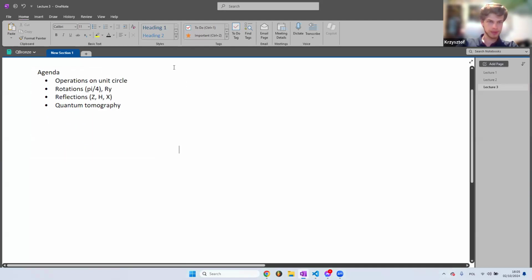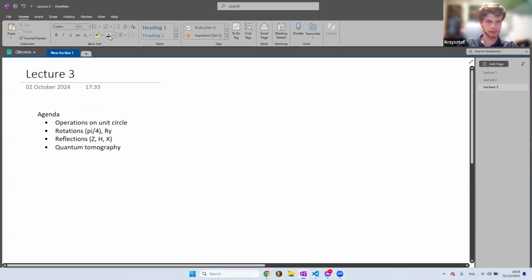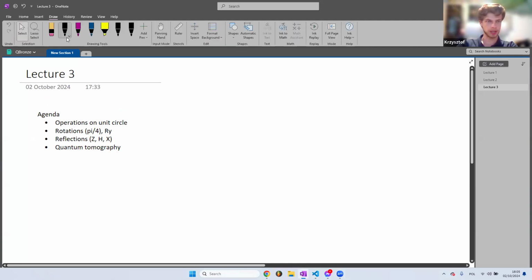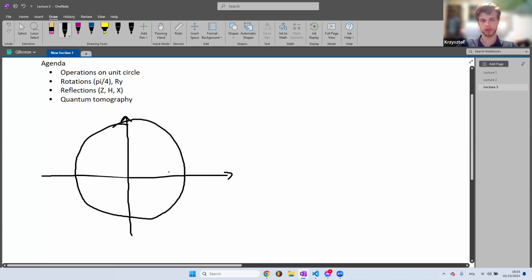So let me start by drawing the unit circle as we did it yesterday. So here we have our plane and the circle.